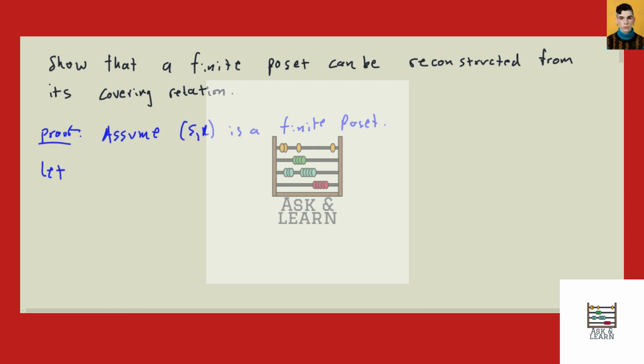Now I'm going to let C be the ordered pairs for the covering relation of our poset. So the first thing we can show is that this poset is our reflexive closure. So let's do that to start.